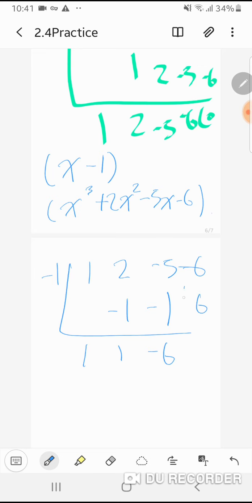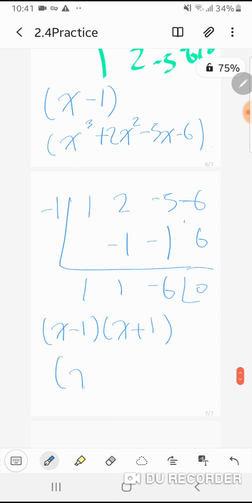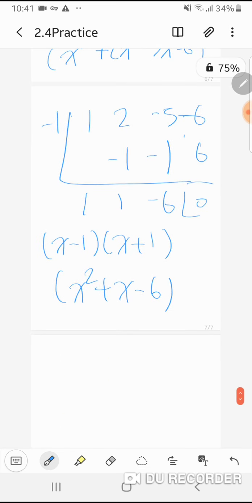Then we get 0. So this, and then a quadratic function is easy. x, and then 3, 2.